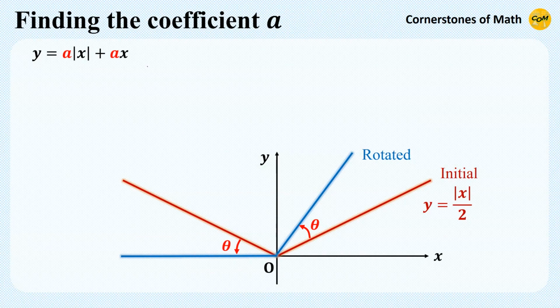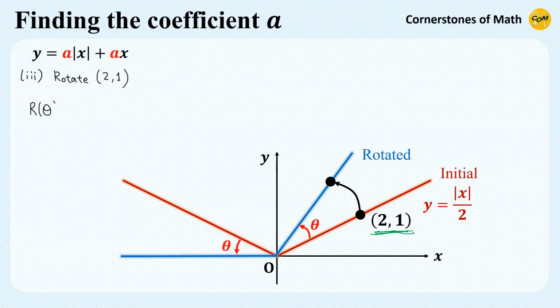In order to find a, we need one more point on the rotated graph. So let's just rotate this easy to find point 2, 1 on the original graph. Then the rotated point is, this time, just the rotation matrix R theta times vector 2, 1.